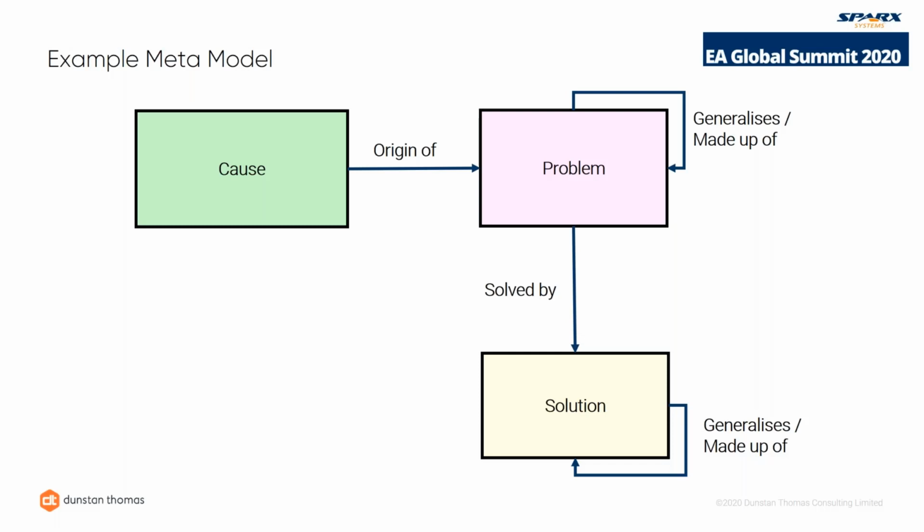So we have 2 relationships, origin of, solved by, and a problem and solution can have self relationships. A problem can be made up of problems, and a problem can generalize a problem. Similarly, a solution can be made up of solutions, and a solution can generalize a solution.